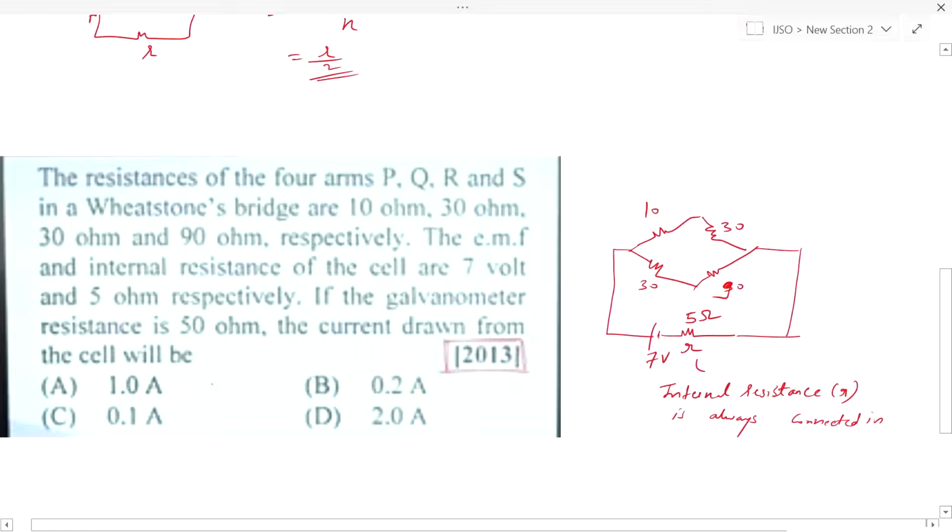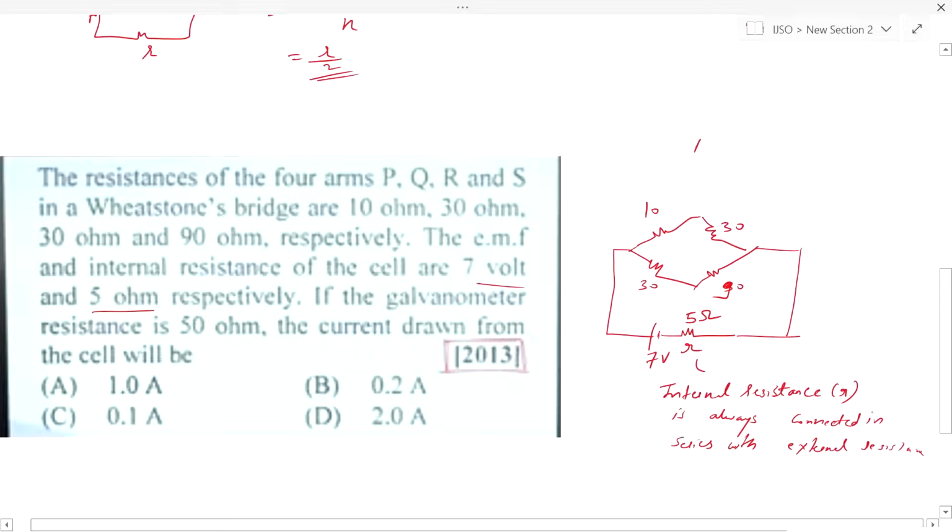Internal resistance they've given. If the galvanometer resistance is 50 ohms, the EMF and internal resistance of the cell are 7 volt and 5 ohms. Where did you put that in? Yeah, its internal resistance is always connected in series with external resistance. Clear? Okay, so where did you make the mistake?